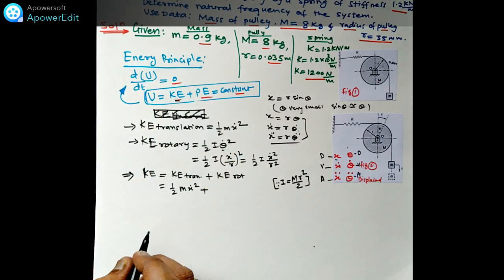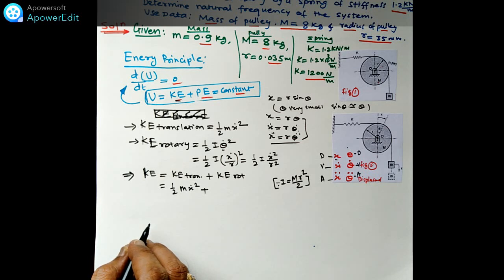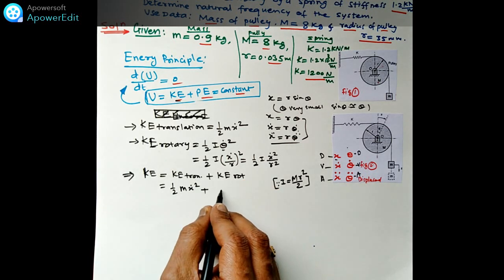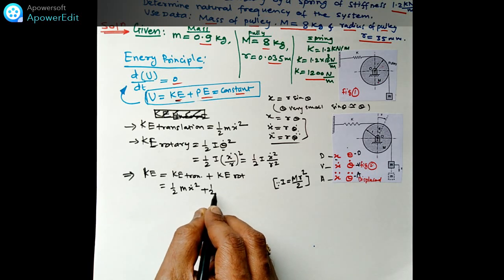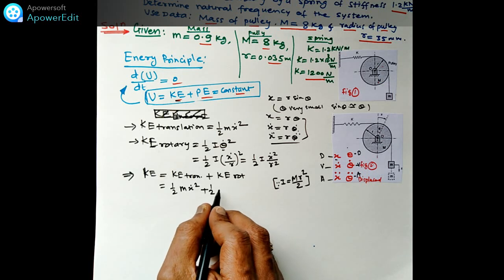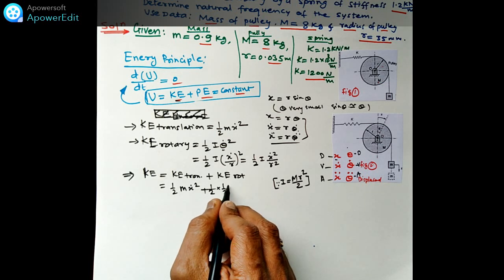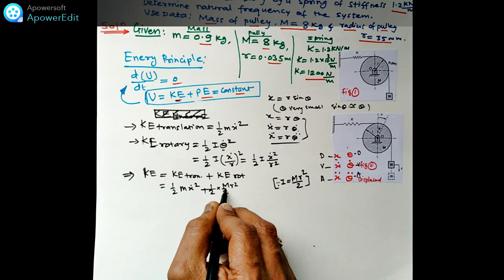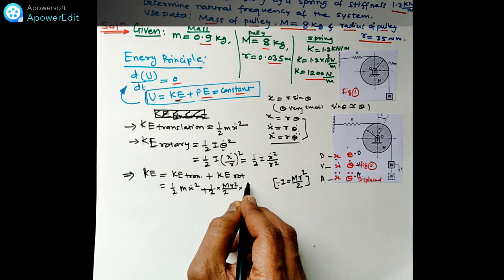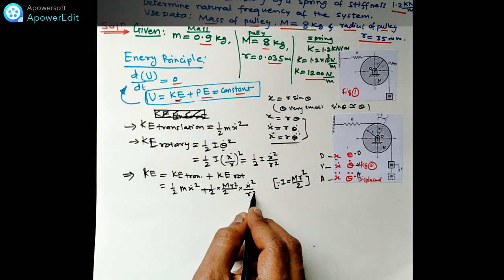Now we have to find the P. We complete this equation first by putting the value of I in it. Half into half M r square, into x dot square over r square.